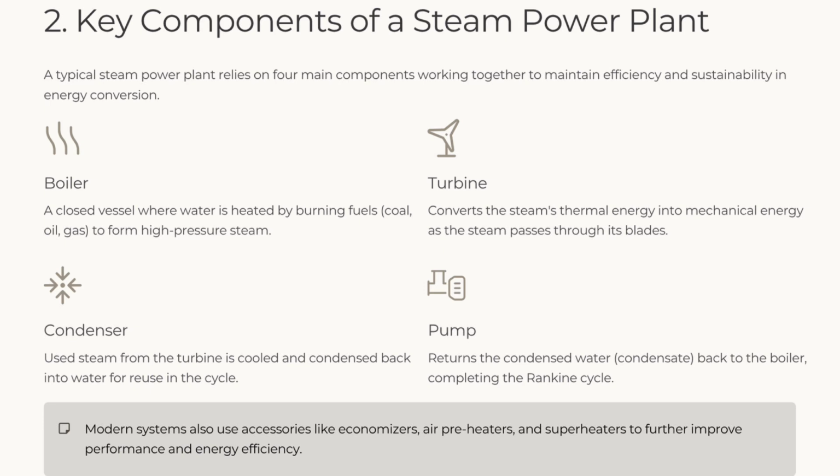And to sum up, these four main components, boiler, turbine, condenser, and pump, work together in a continuous cycle to convert fuel energy into electrical power efficiently and sustainably.